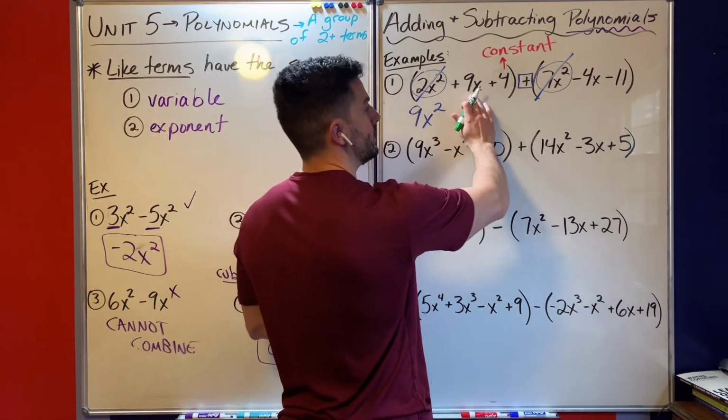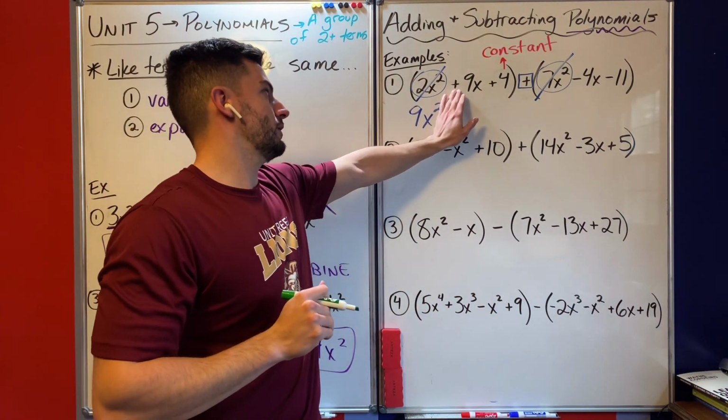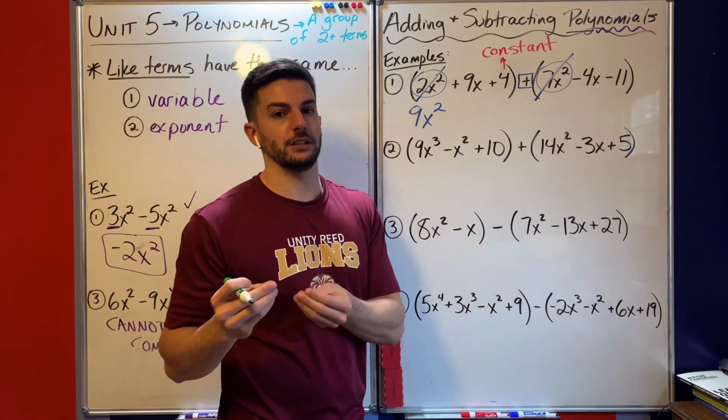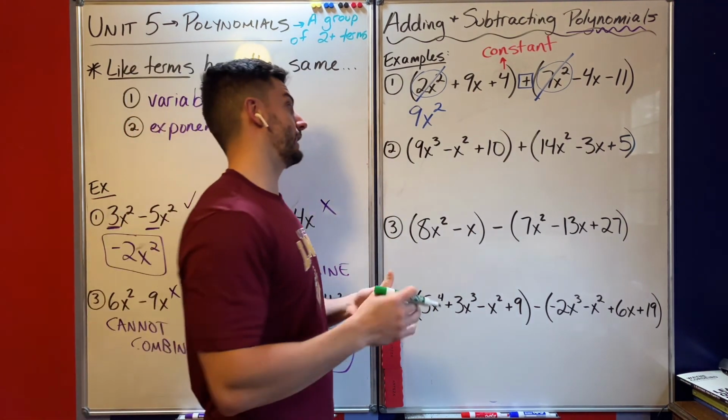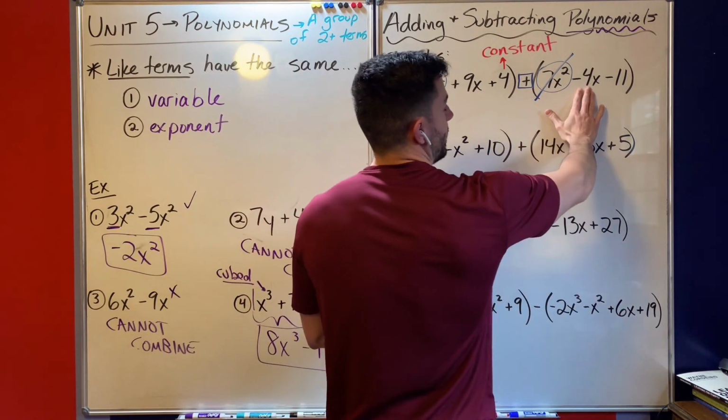Now the second one: positive 9x plus negative 4x. Notice what I did there. The sign right before the term tells you whether it's positive or negative, as well as saying adding and subtracting. So this is positive 9x, and this is negative 4x.